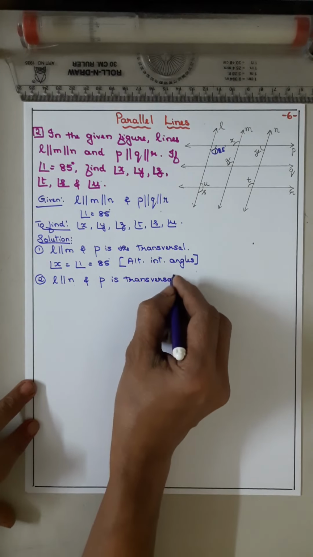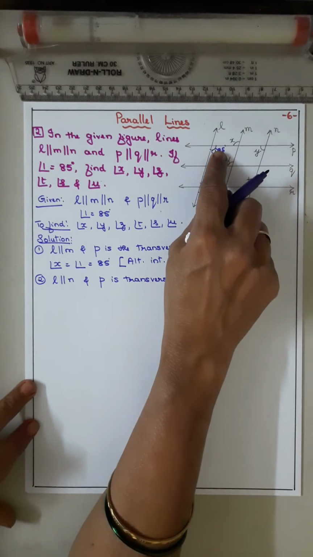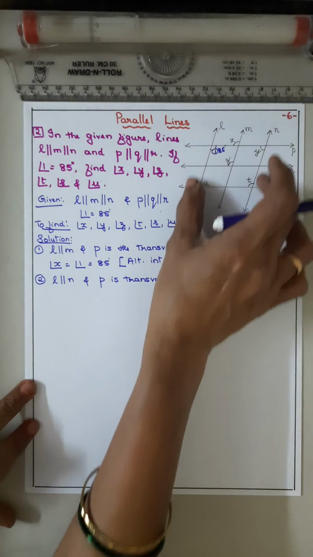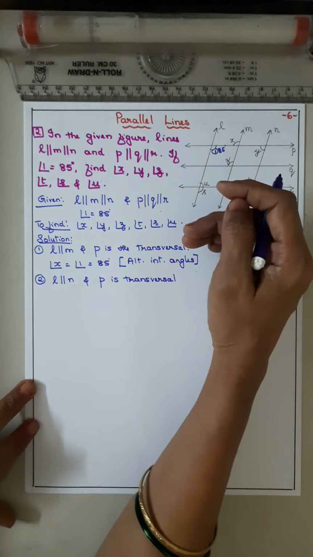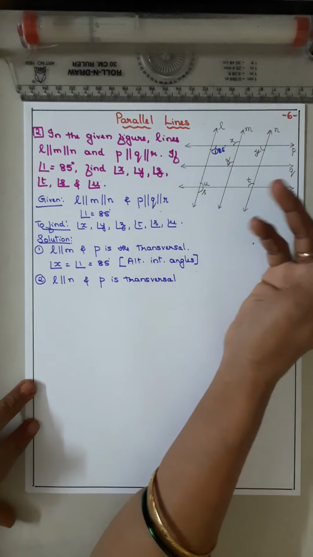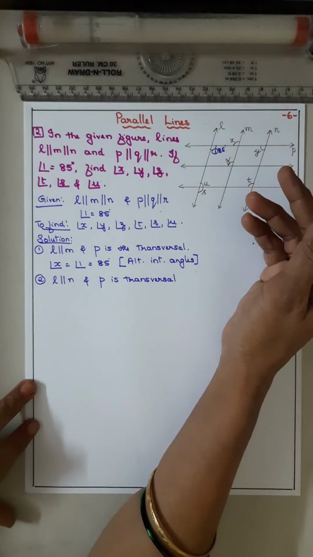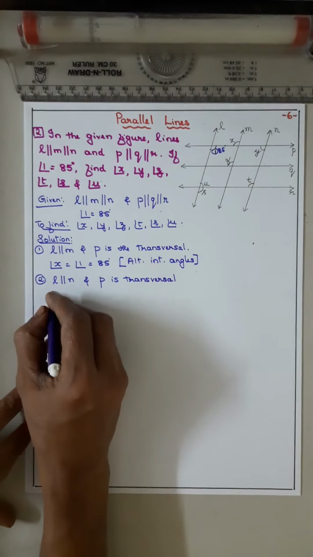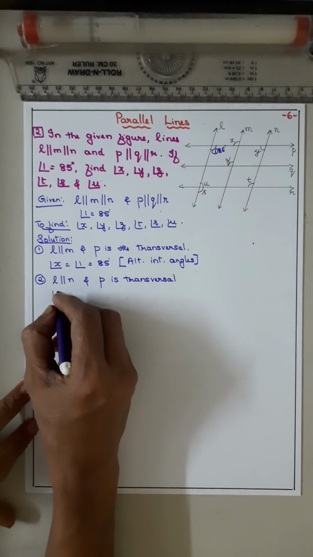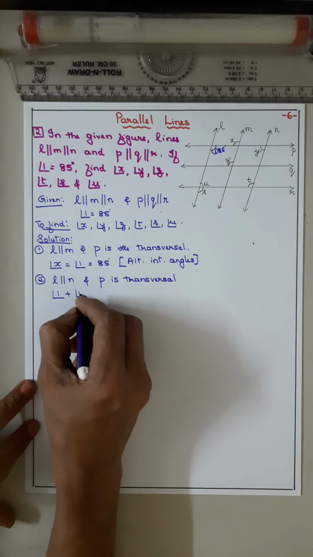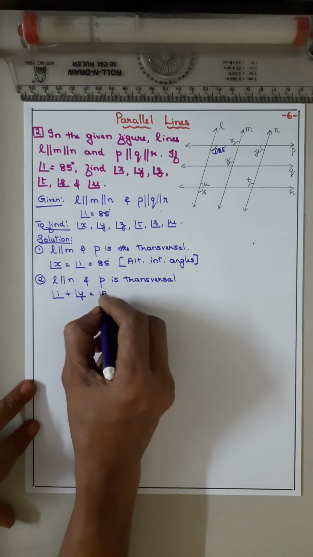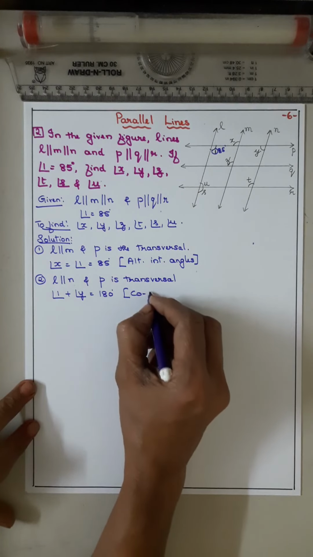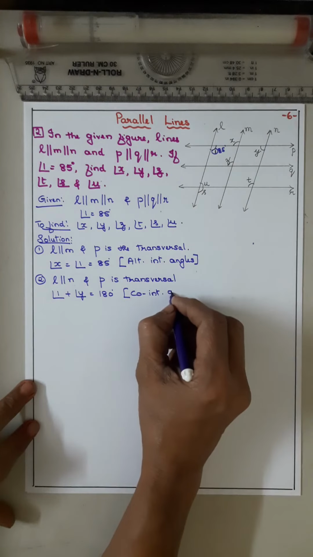Now see angle 1 and angle Y. How are they? Within the parallel lines on the same side. That is co-interior. So angle 1 plus angle Y is equal to 180 degrees. How? Co-interior angles.